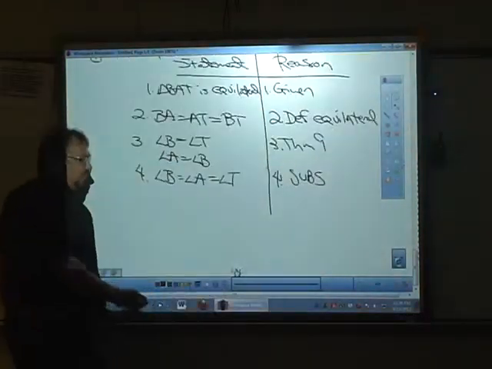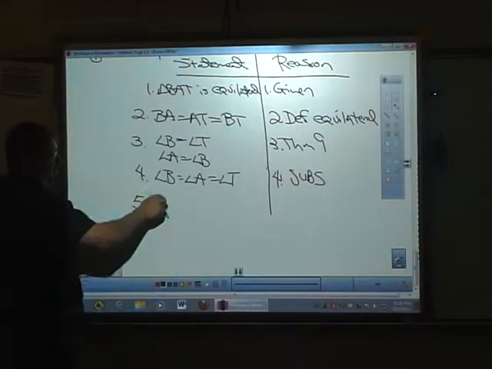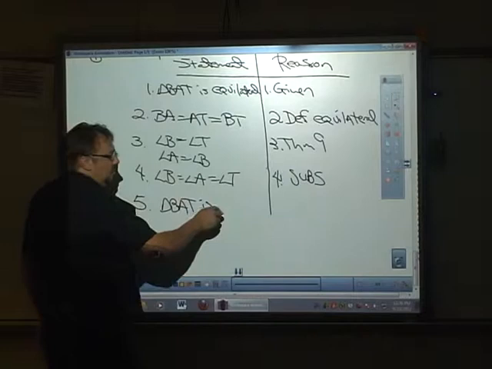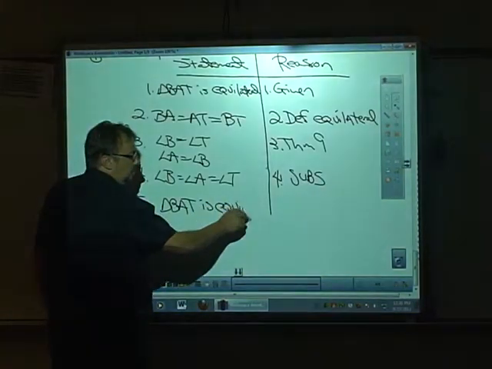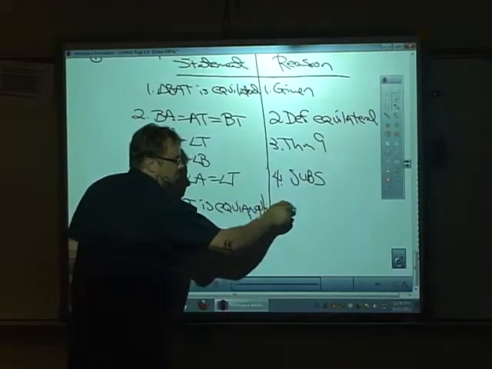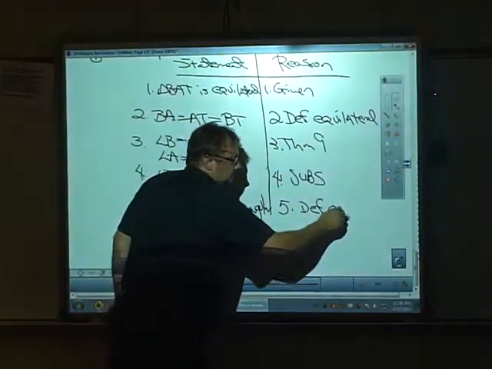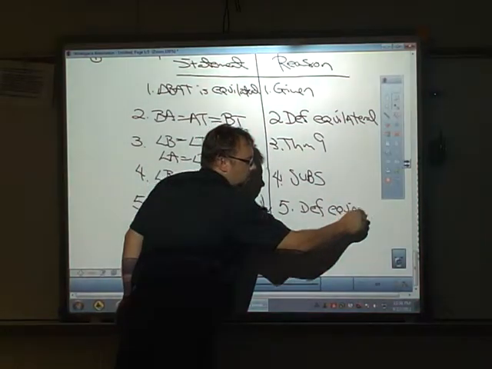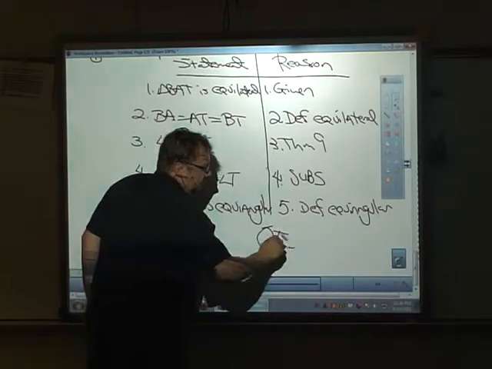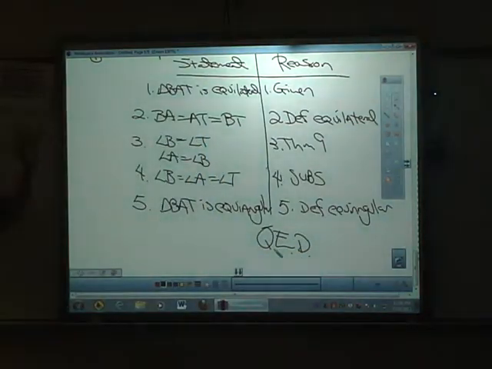But if all the angles are equal, then we have proved what we wanted to, which is triangle BAT is equiangular. Definition of equiangular. Don't forget to stop with our QED. Quod erat demonstrandum, that which was to be proved.